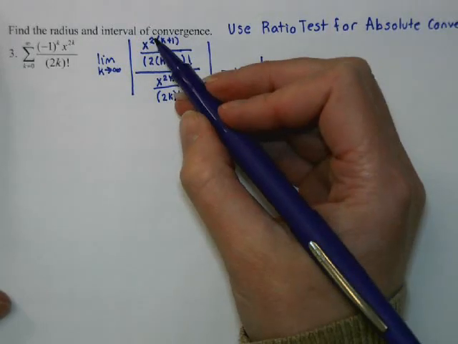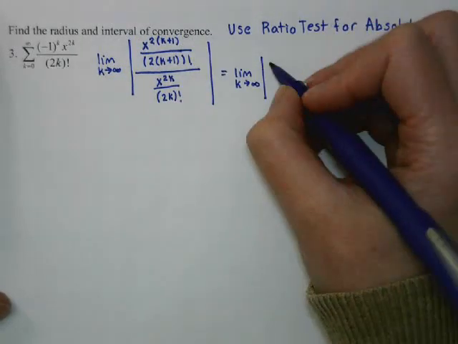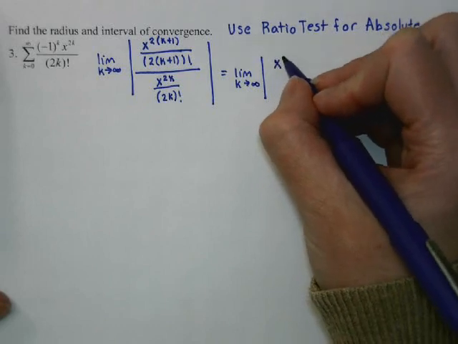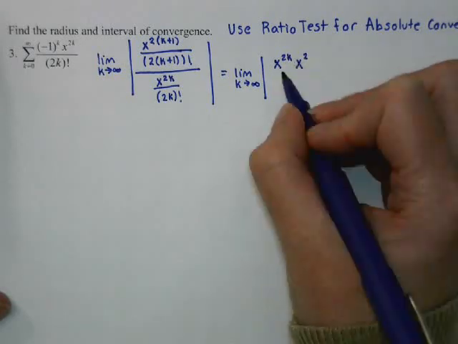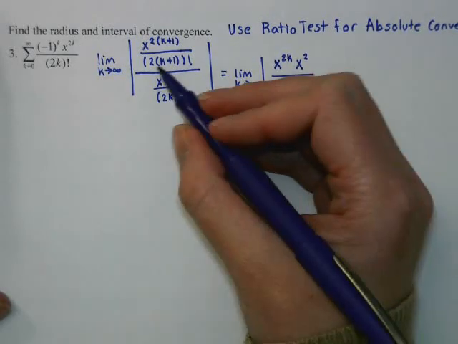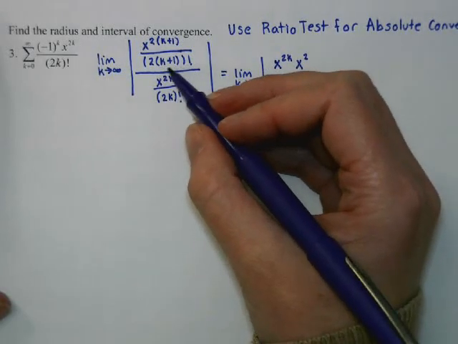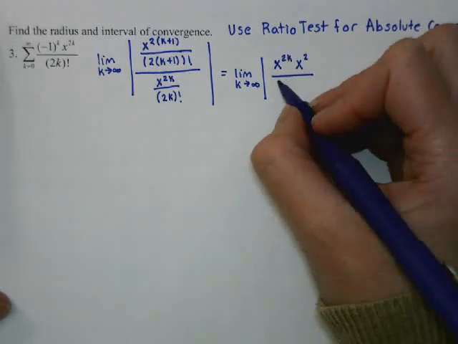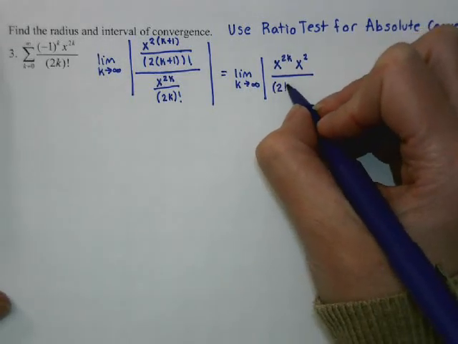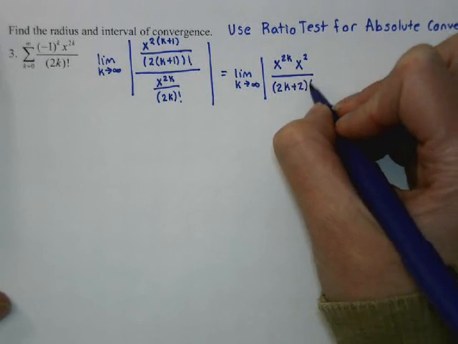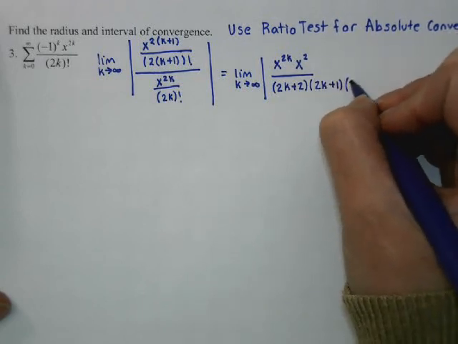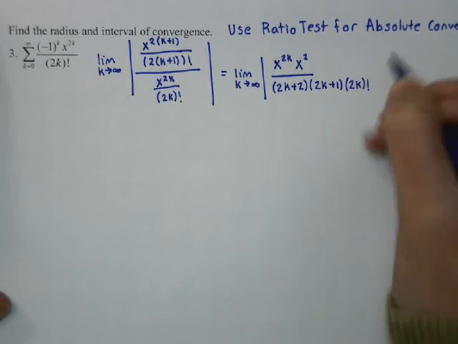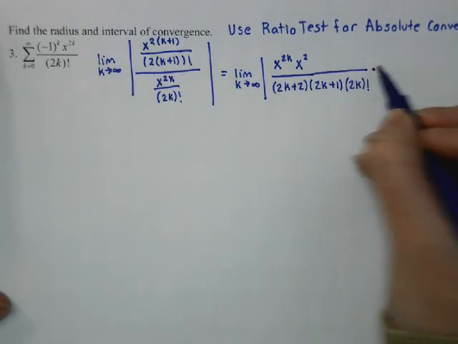Okay, so in the top, this is going to be x to the 2k plus 2. So I'm going to write that as x to the 2k times x squared over, this would be 2k plus 2 factorial. So I'm going to have 2k plus 2 times 2k plus 1 times 2k factorial.